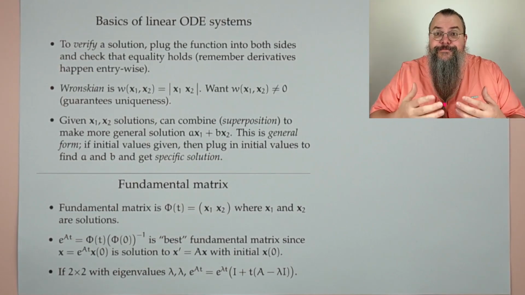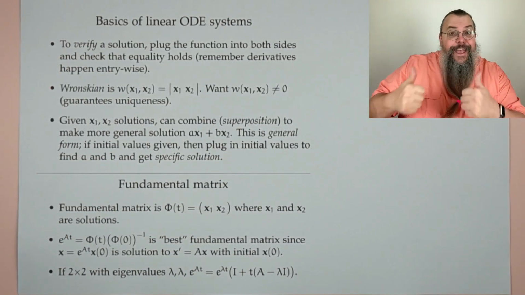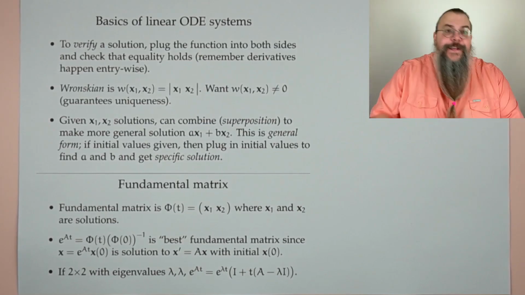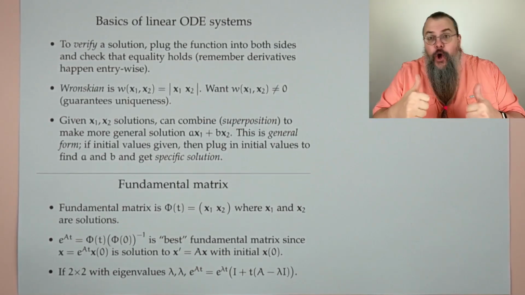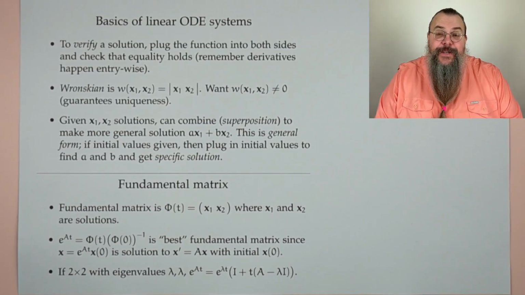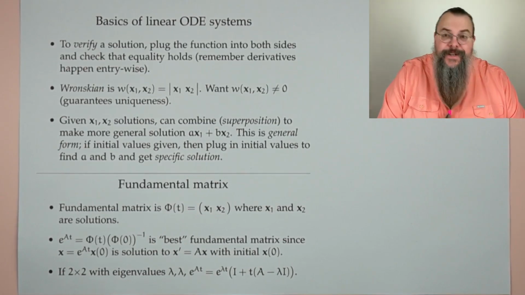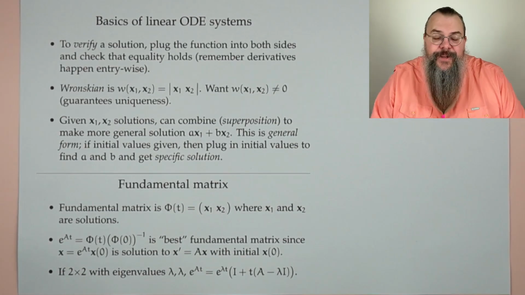Plug it in and see, does it match? And if the answer is yes, we're like, yeah, verified. And if it doesn't, we're like, no, not verified. Of course, obviously, if something should be verified and it doesn't work, probably mistakes were made on our part, though potentially, of course, a mistake was made by the person who wrote the problem.